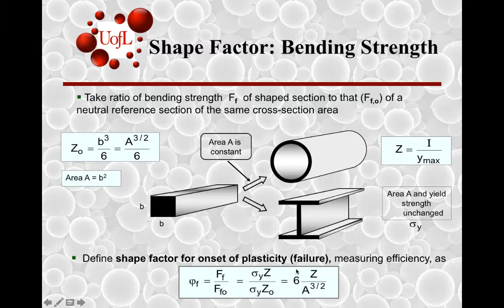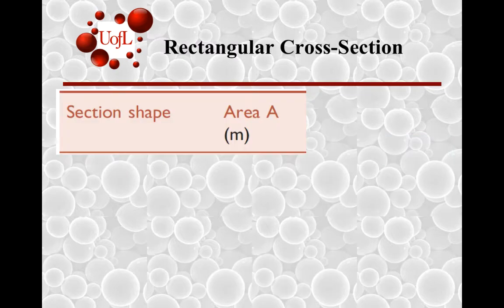If you introduce the term for Z naught from this equation over here, you basically get the shape efficiency factor for a strength limited design, so under bending conditions, to be 6 times Z divided by A raised to 1.5 as a power. How do we use this information?